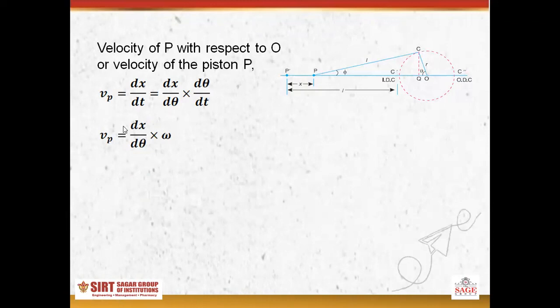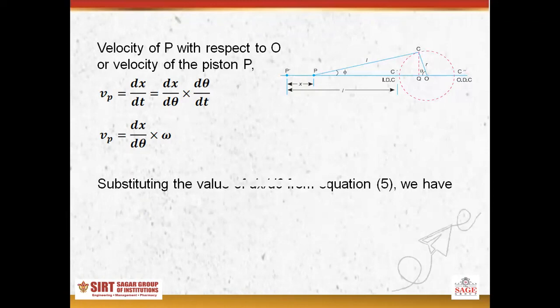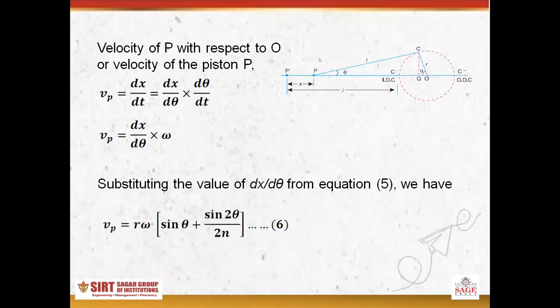We have already calculated dx upon d theta in the previous equation, and substituting this value, the velocity of the piston Vp equals r omega times (sin theta plus sin 2 theta upon 2n). So this is the final equation for the velocity of the piston.